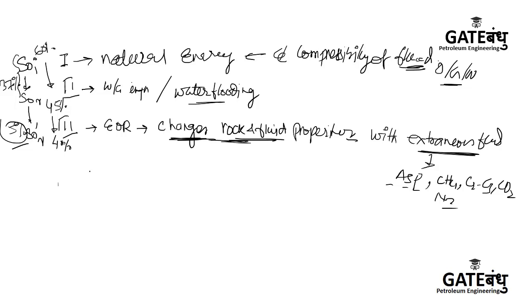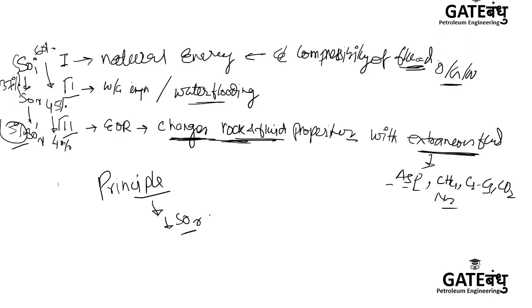Now what we are understanding here in the different recovery processes, primary and secondary recovery, is the reduction in the oil saturation. The foundation or the principle of EOR is the reduction in SOR value.